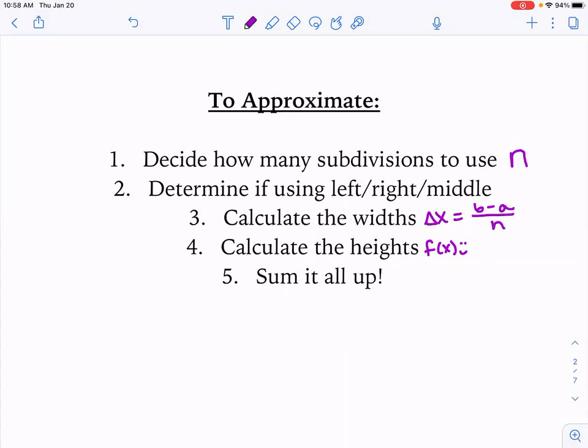And the heights of our rectangles are going to come from the function itself. Since we're placing these rectangles so that a corner or a midpoint is on the function, the function is going to help us figure out what the heights are.